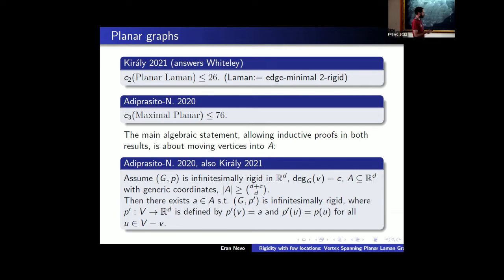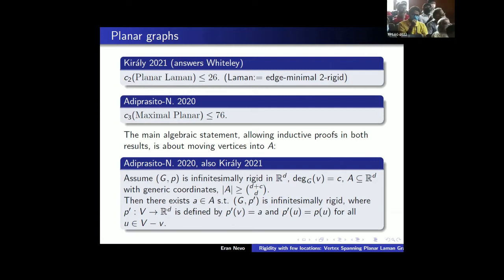And now consider a subset A of R^D with generic coordinates, but such that the subset is big enough, namely of size at least D plus c choose D. And then the statement is that you can find a point a in A such that if you now modify the embedding so that all the vertices stay in the same locations, only this one vertex v is mapped to a, then this new framework will also be generically rigid.